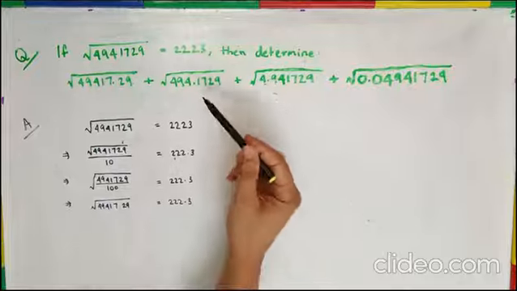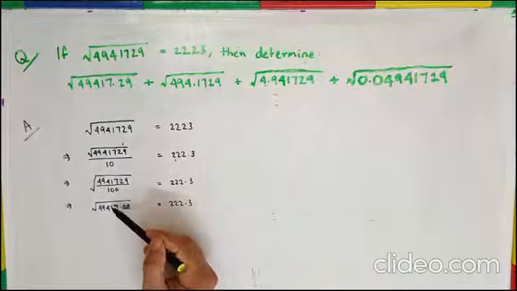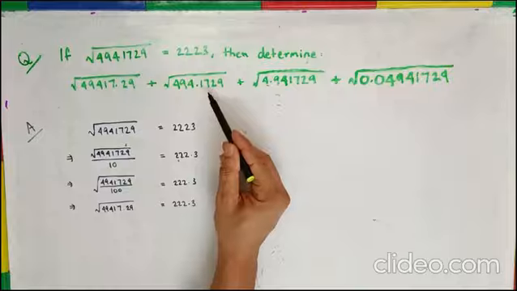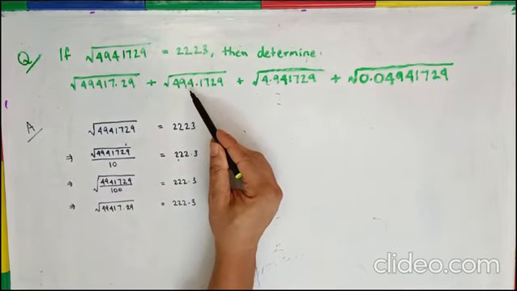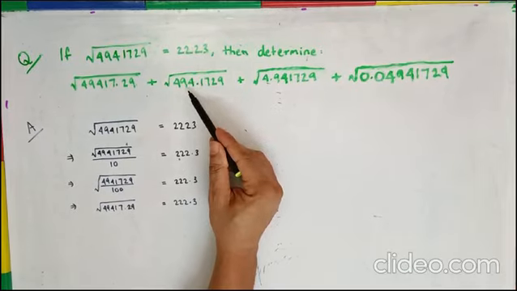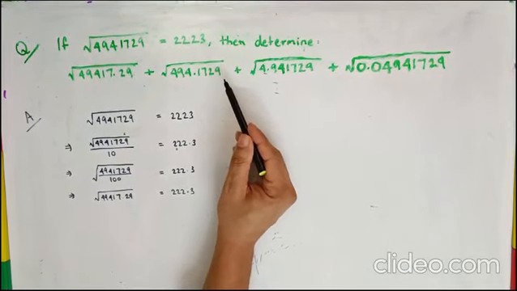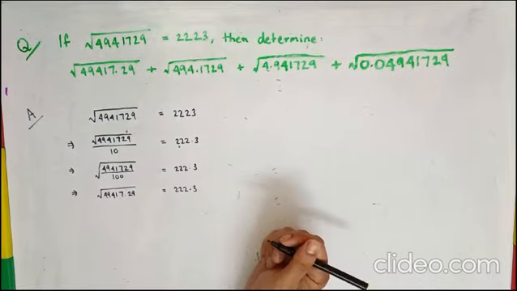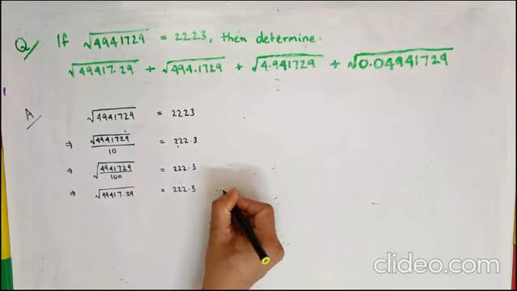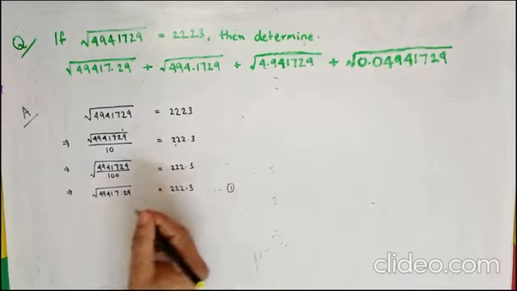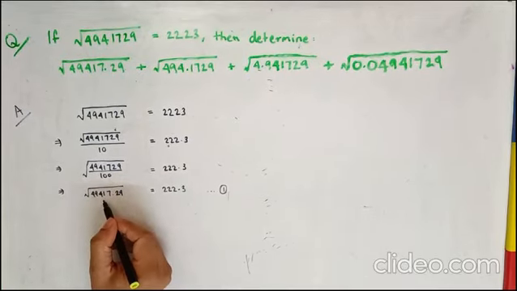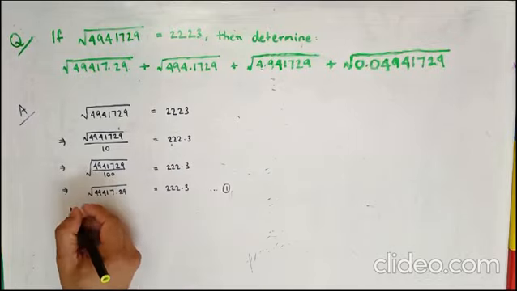Now what do we need to do? We need to shift this decimal again by 2 more places to the left. And then we will find the answer for the square root of 494.1729. So we will just do this step by step. Let us call this 1, right? Now we divide this by another 10.